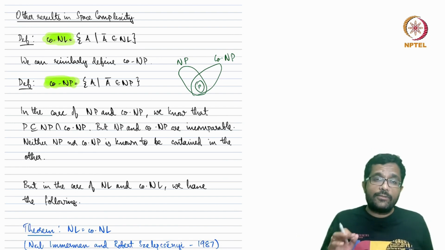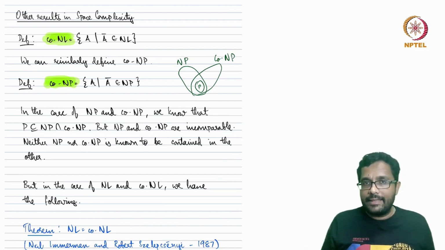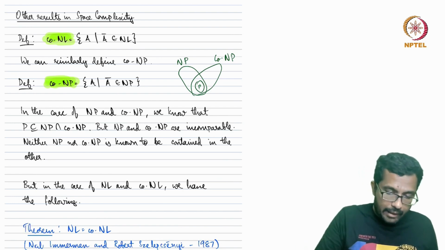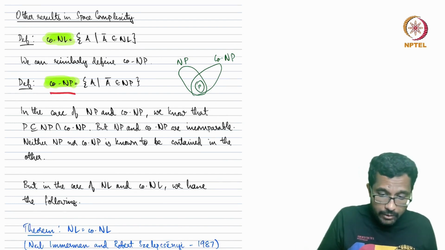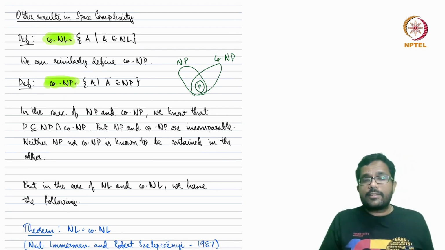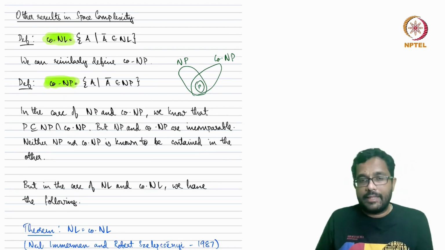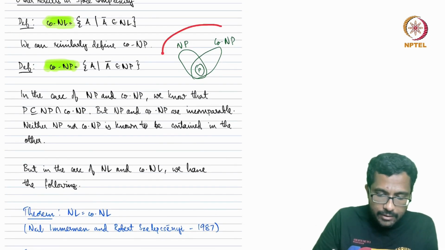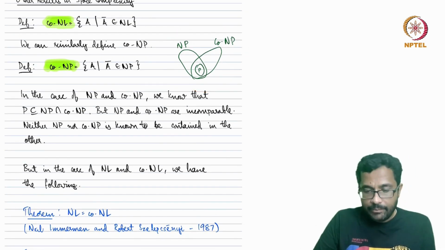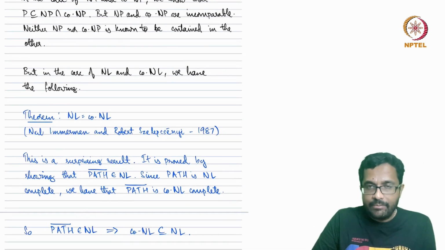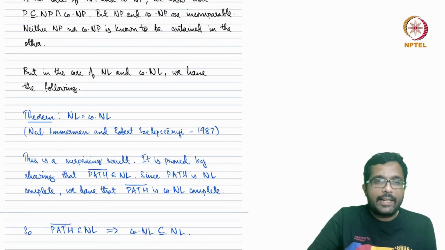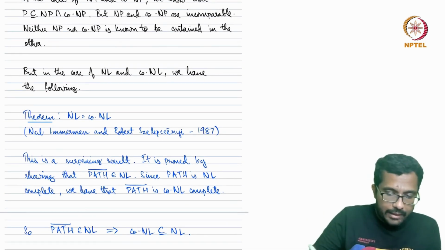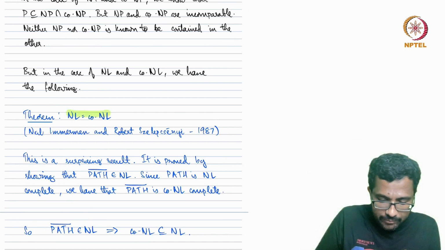Rather, it is the set of languages whose complement is in NL. Similarly, co-NP is not the complement of NP. It is the class of languages whose complement is in NP. So in the case of time complexity, we don't know what the relation is. But in the case of space complexity, there was yet another surprise, which was that NL and co-NL are the same.